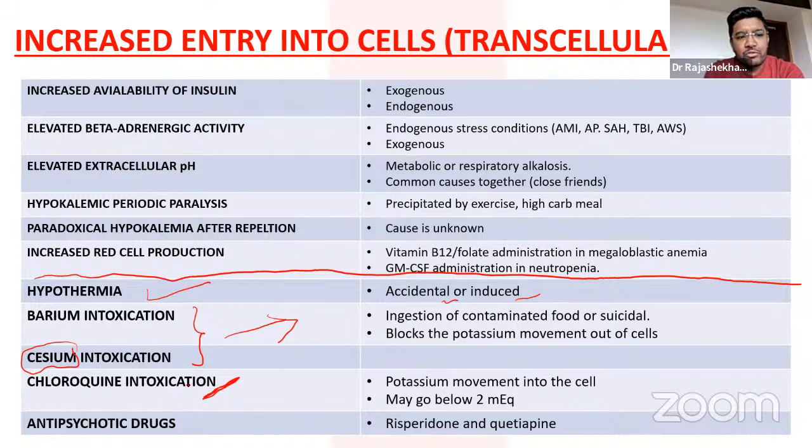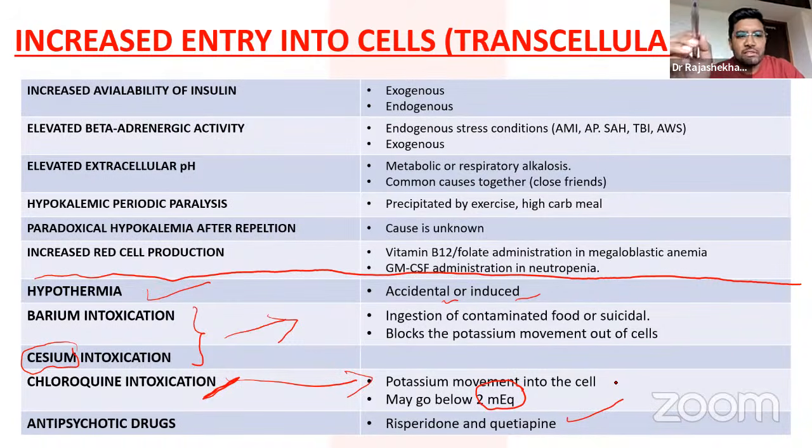Chloroquine is one drug you should remember in causing hypokalemia, which by inhibiting the potassium movement causes the potassium to move into the cells. Sometimes if you are giving the patient chloroquine, the potassium may go as low as 2 milliequivalents, so it can be significant sometimes. And the atypical antipsychotic drugs like risperidone and quetiapine can cause the hypokalemia, although the exact mechanism is not known for these two conditions.